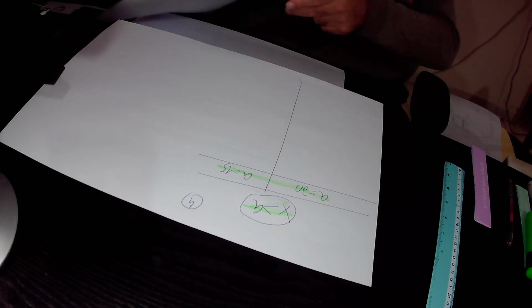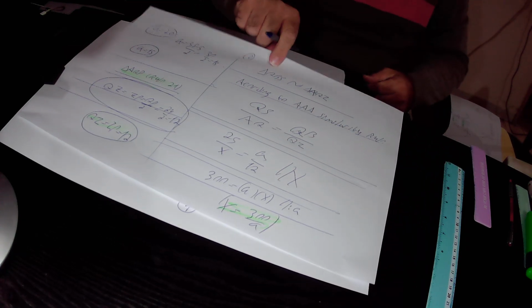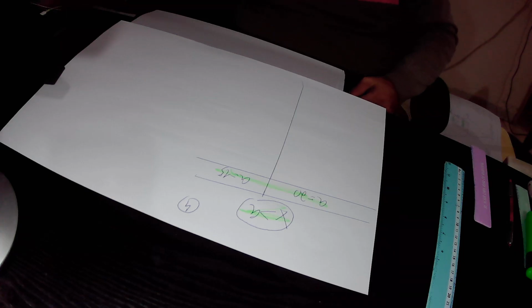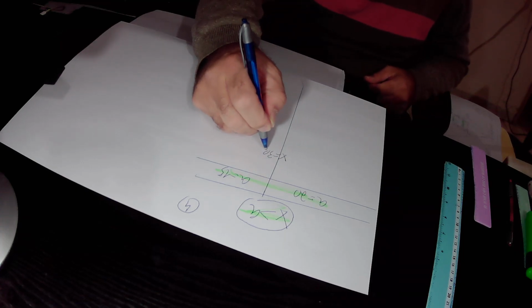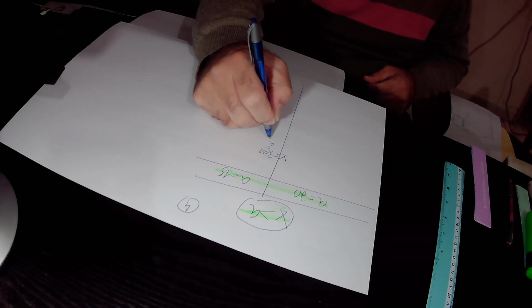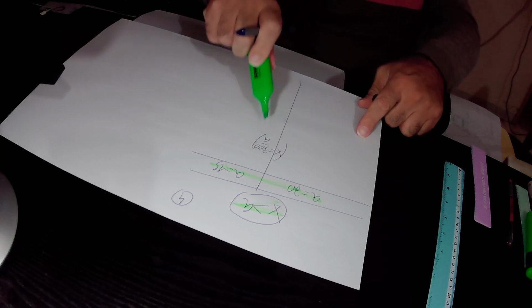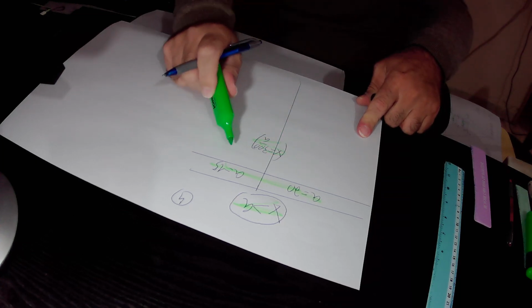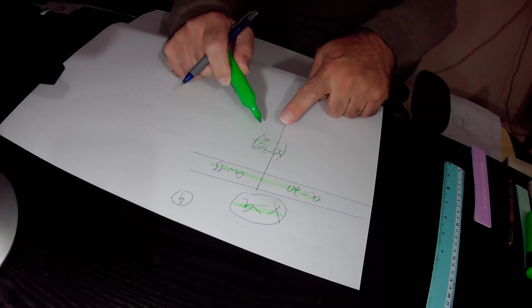We found out that X equals 300 over A. So if A equals 15, it means that X must be equal to 300 over 15, that is 20.